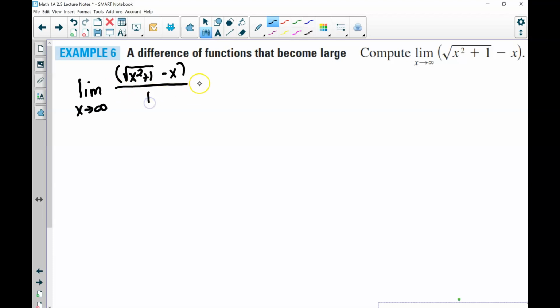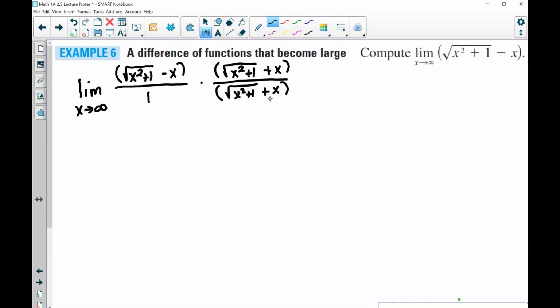And the reason why is because, using some of your algebra tools, in order to simplify this to be able to go a little further, you want to use rationalizing the numerator. And by rationalizing the numerator, we need to multiply the numerator and denominator by the conjugate, which is the square root of x squared plus 1 plus x all over the square root of x squared plus 1 plus x.